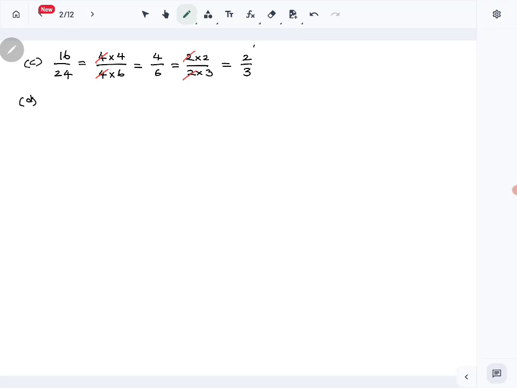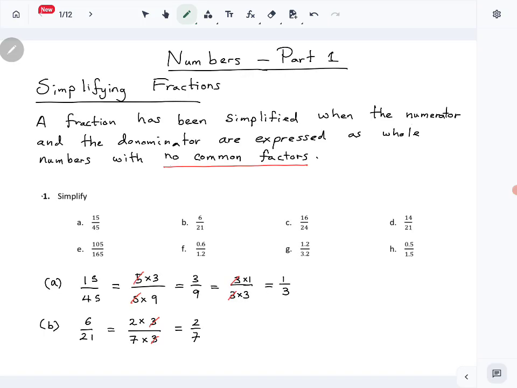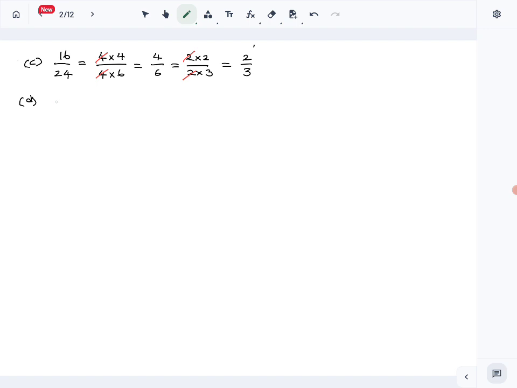Then let's look at the next one. Next one is 14 over 21. So 14 can be written as 2 times 7. And 21 is also a multiple of 7.